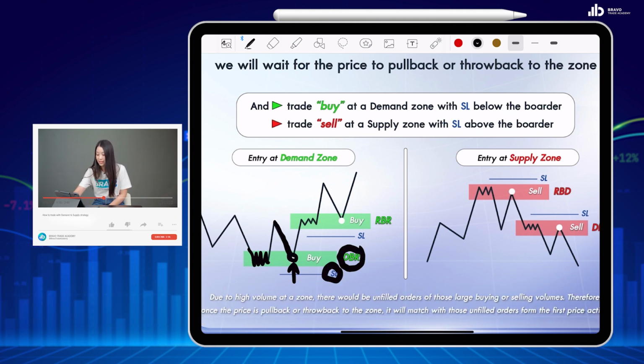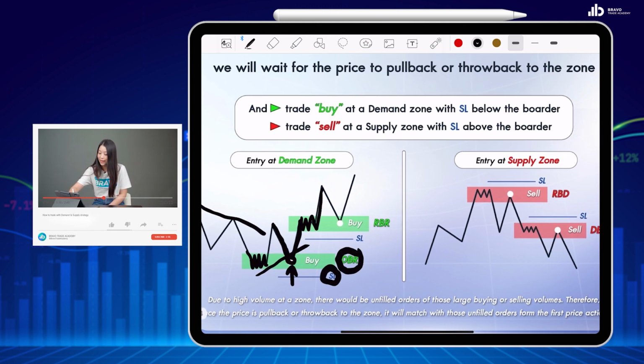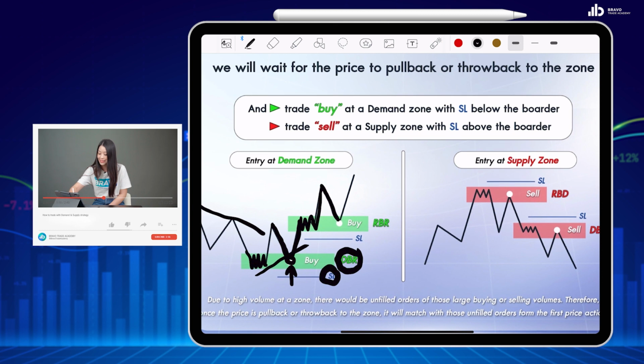If the price reverses from a downtrend to an uptrend and forms the continuation pattern of rally base rally, you can wait for the price to pull back down and then enter a buy at this demand zone. And don't forget to put your stop loss below the zone as well.